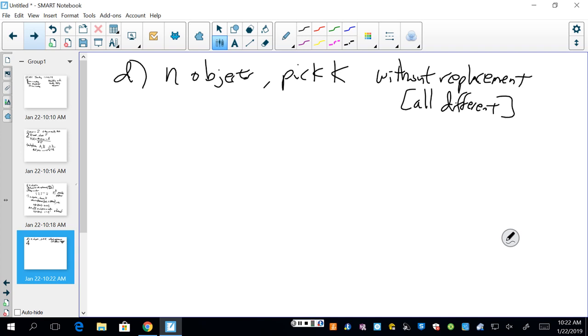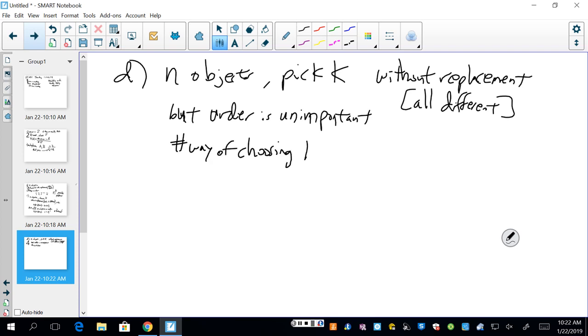We don't have any repeats. But order is unimportant to what we're going to do. We're just going to look at the set rather than the particular order. The number of ways of choosing this k out of n was given by the symbol n choose k, this combination.